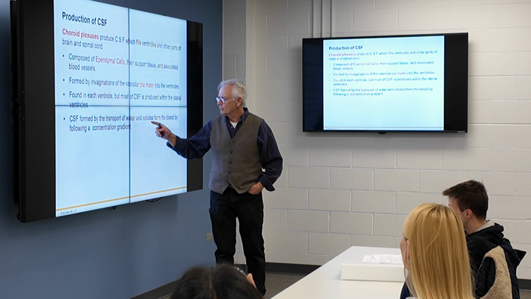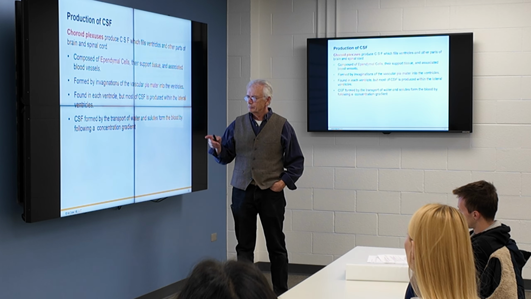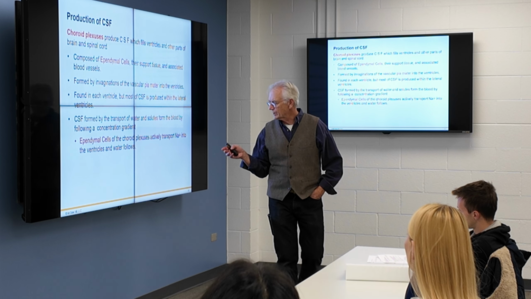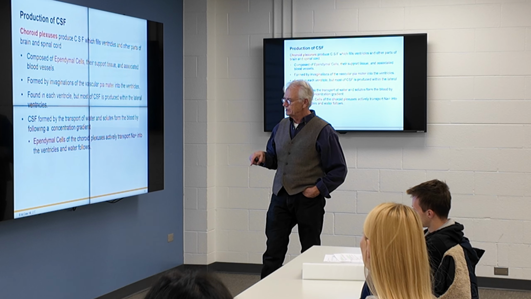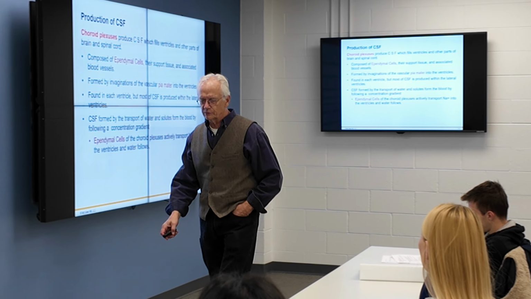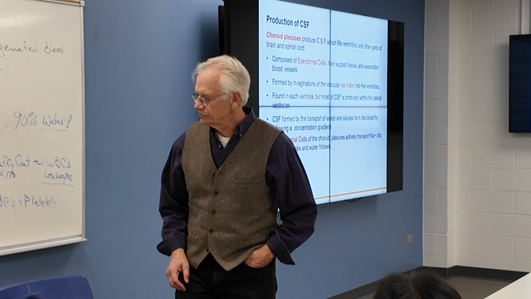Formed by the transport of water and solutes, that should be from the blood, by following a concentration gradient. The ependymal cells of the choroid plexus actively transport sodium into the ventricles, and the water follows. This is the first introduction we have to where we talk about the obligatory pathway of water and salt. Here's what you need to know.